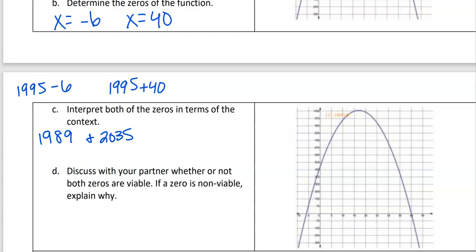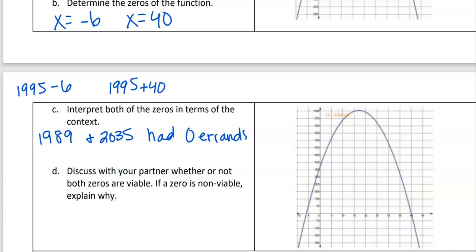So what does it mean for those 2 years if those are my solutions? There were no errands. Has 0 errands. All right, let's talk about it.